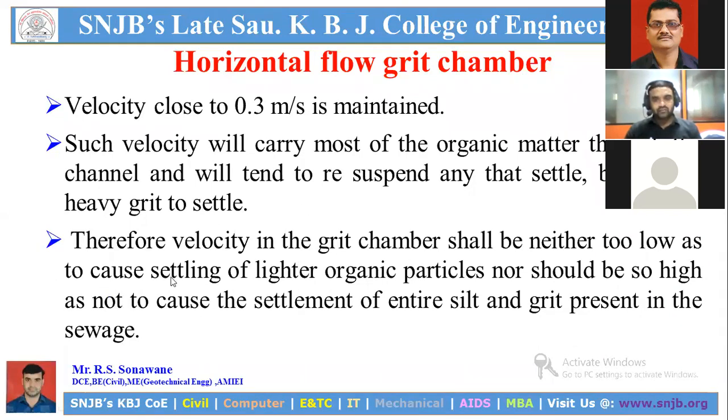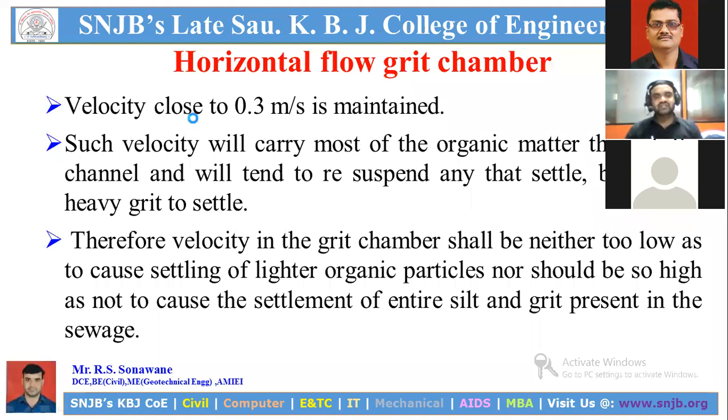When it is very low, it causes settling of lighter organic particles, and if you keep it very high, it prevents the settlement of the grit present in the sewage. So this is about the horizontal flow grit chamber with respect to settling and horizontal velocity.